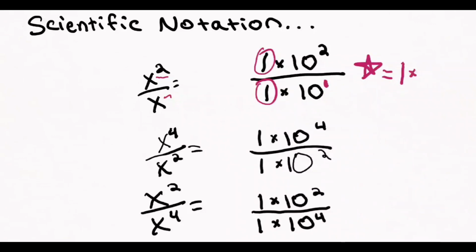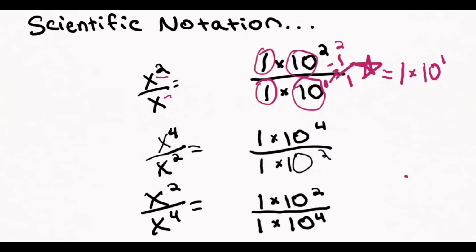And then you just bring down the times. And then these 10s are going to stay the same. It's just going to keep that as 10s. And then we're just going to take 2 minus 1, for the exponent. 2 minus 1 is 1. So the answer is going to be 1 times 10 to the 1.